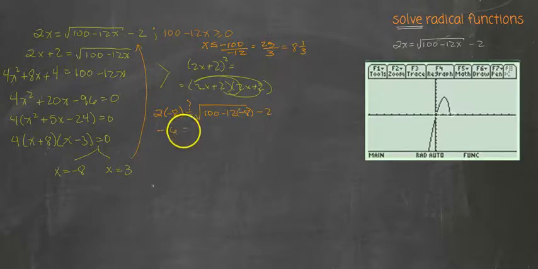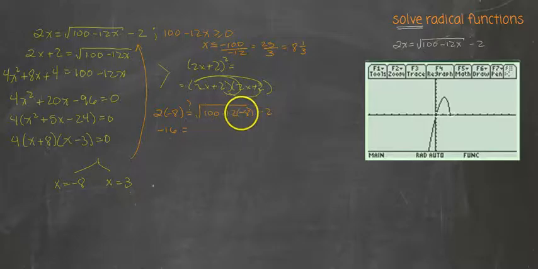Negative 16 equals 100 minus, well, this is going to be a plus, 12 times 8 is 96. 100 plus 96 is the square root of 196, minus 2, and this is negative 16 equals, and I'm going to cheat, I've already done this work, it does not equal 12. So we know that this is not a solution. Even though it wasn't eliminated by our excluded values, it is not a solution.